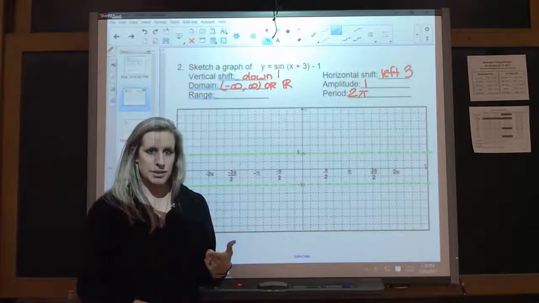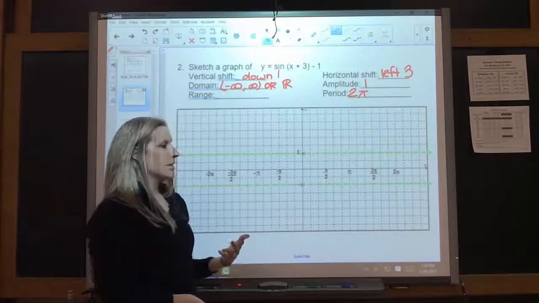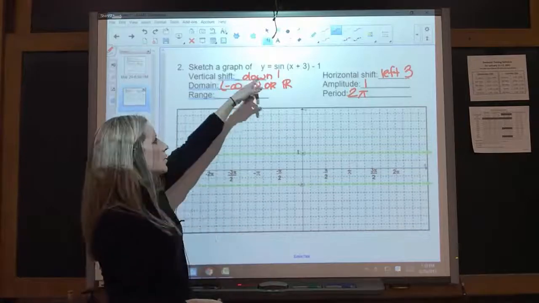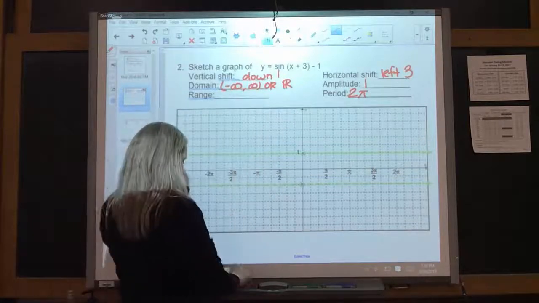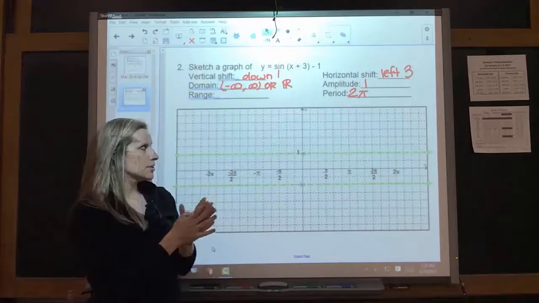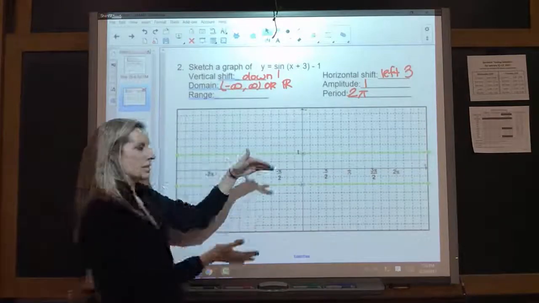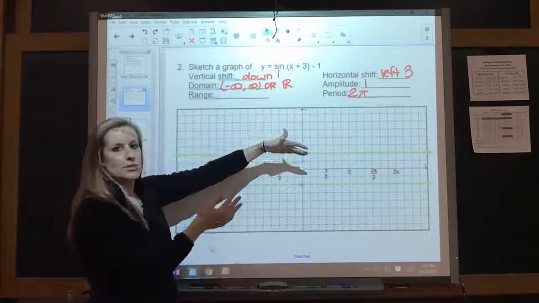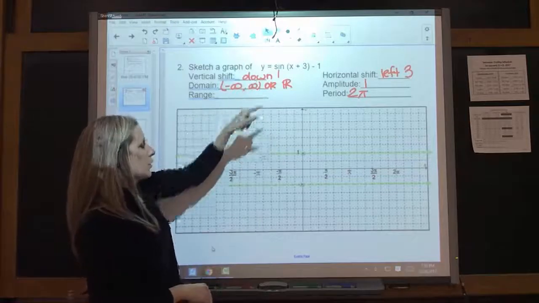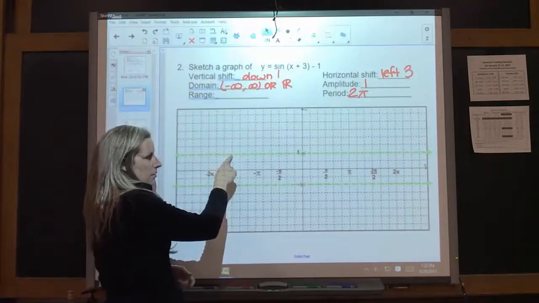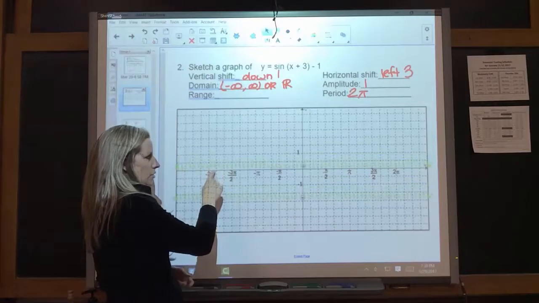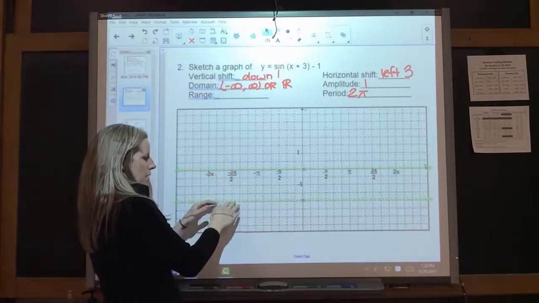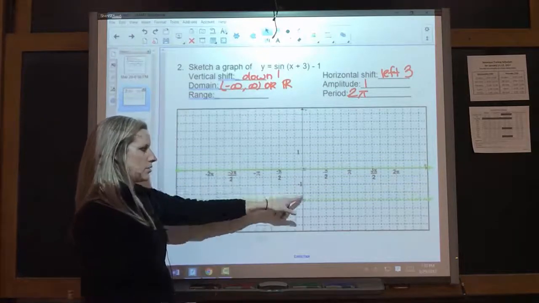So my amplitude didn't change, my period didn't change, but I am going to move it down 1 and left 3. Okay, so first thing I want to do is take my normal amplitude that it's normally at -1 and +1, and I'm going to move it down 1. So my maximum is actually going to go down to 0, and my minimum is going to go down to -2.